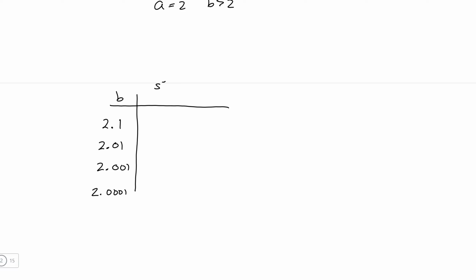So let's look at S of b minus S of a over b minus a, which for us is S of b minus S of 2 over b minus 2. We can just plug these values into our function above.